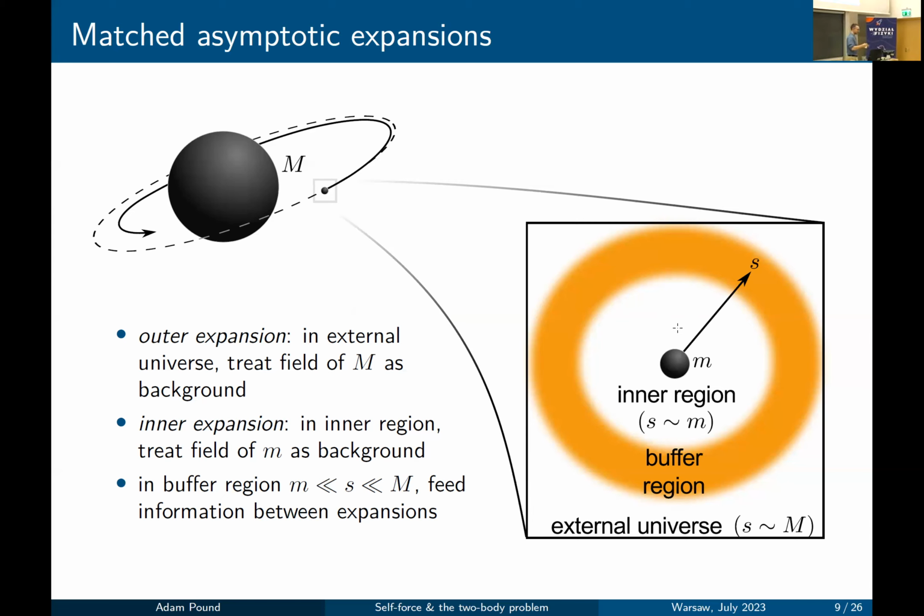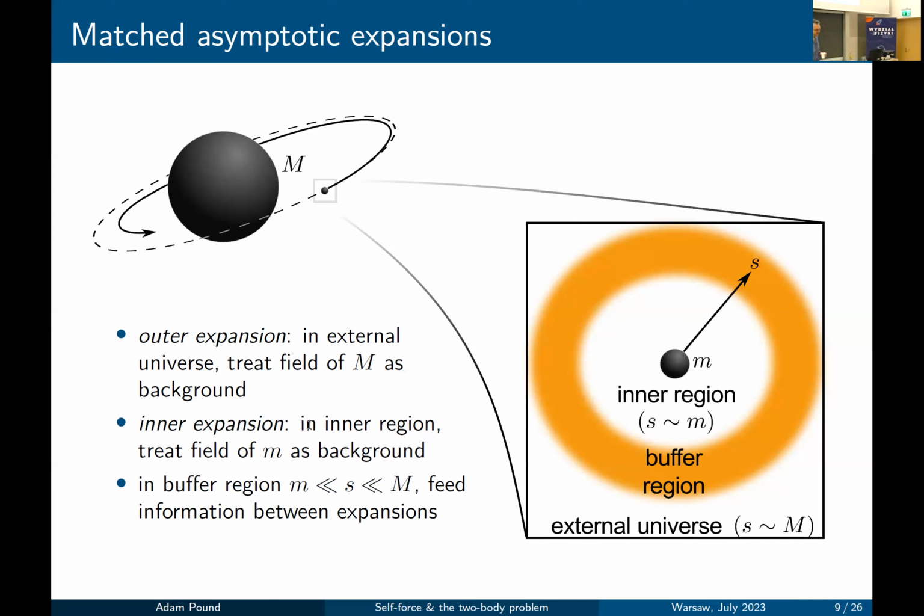So the small body is actually the dominant source of gravity in this little region. So in this inner region, we develop a different expansion called an inner expansion, where now the small body is providing the background space-time, and we're looking at perturbations of that. This method is well known in GR, but originally comes from fluid dynamics, or if you studied singular perturbation theory, it's a standard method in singular asymptotic problems.